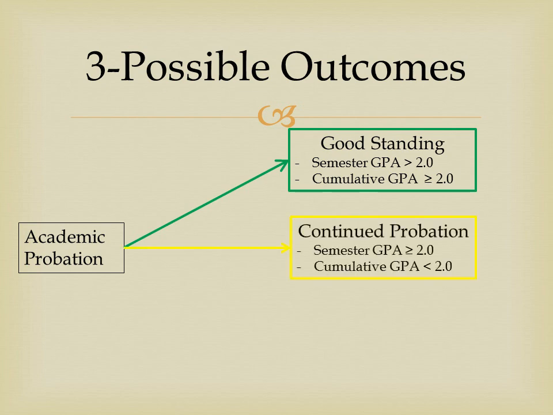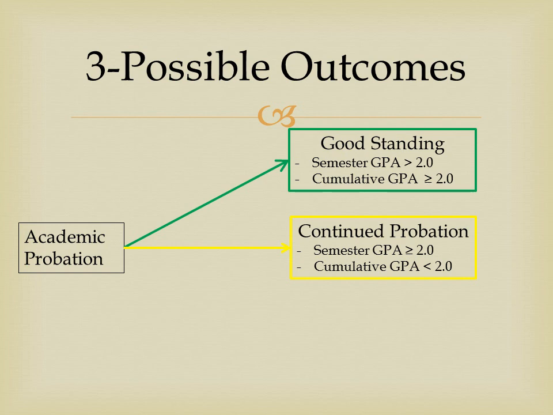outcome is continued probation. This is a very real possibility for a lot of students, depending on how poorly you did in the fall. If you're below a 2.0 but at a 1.8, then good standing might be a very real possibility. However, if you find yourself with a 0.7 or even a 1.0, it's going to be really hard to get that cumulative grade point average above a 2.0.